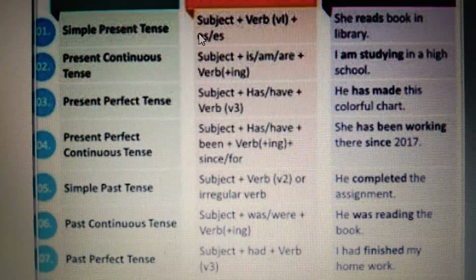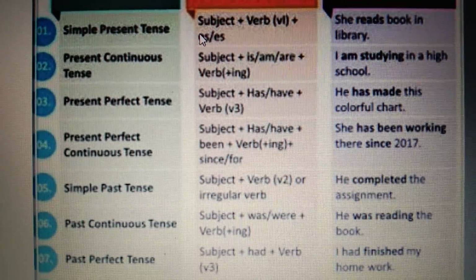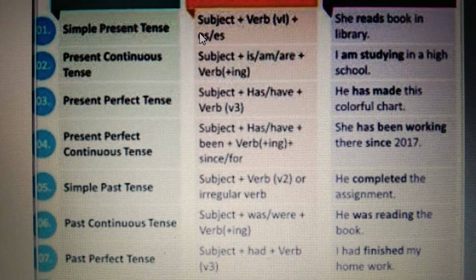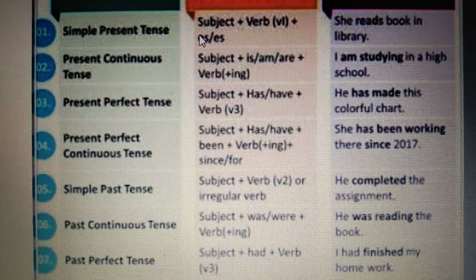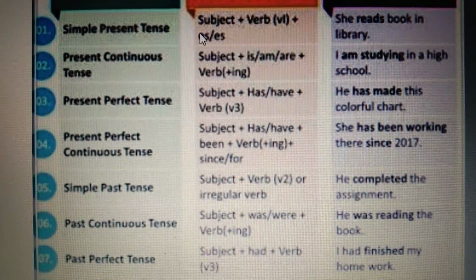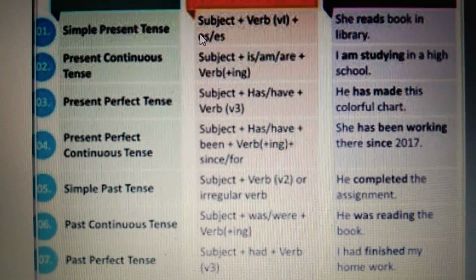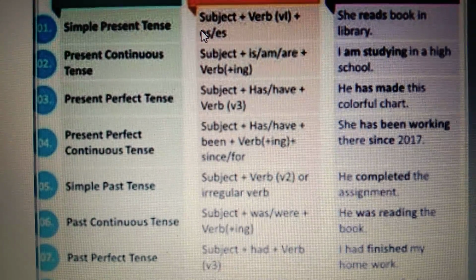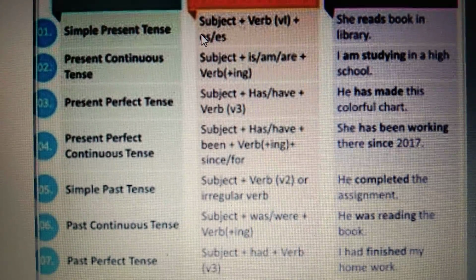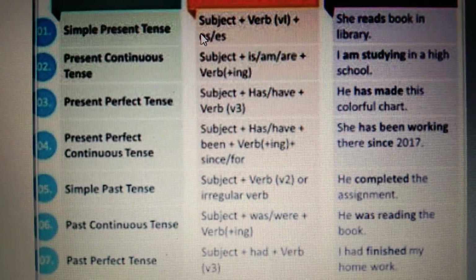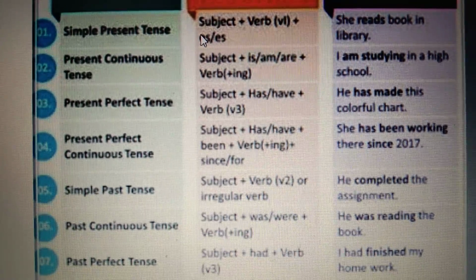The first form of the verb is used with ing, and we use since and for to identify this tense. Since is used for a point of time, if a time is given, for example, in the evening, early in the morning, and for a period of time we use for.